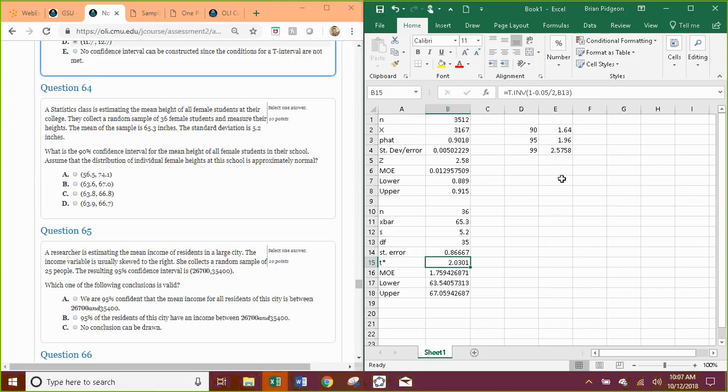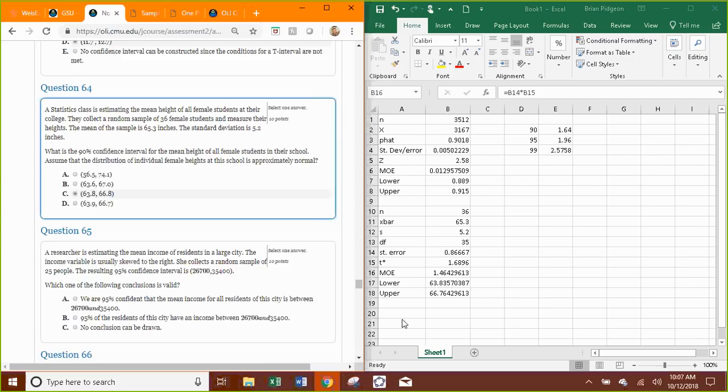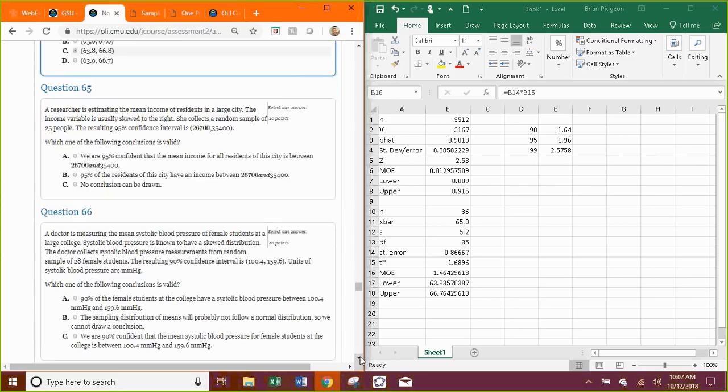The only thing we have to calculate is our t value, because we're changing our confidence to 90%. So if we go back to our t star, it's t inverse of 1 minus alpha over 2. In this case, alpha is 0.1, because 1 minus 0.9 is 0.1. So our confidence interval is 63.8 to 66.8.